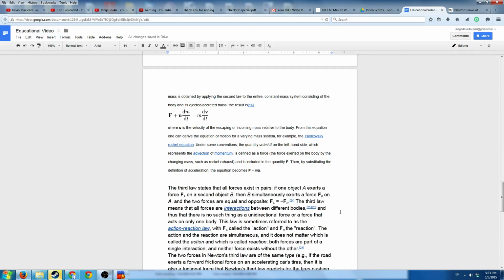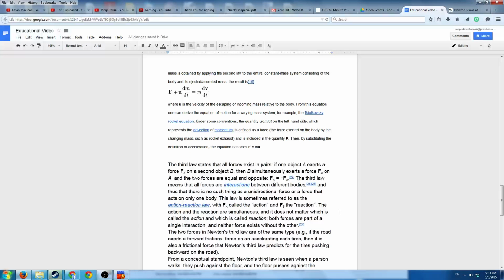Both forces are part of a single interaction, and neither force exists without the other. The two forces in Newton's third law of motion are of the same type. For example, if the road exerts a forward frictional force on the accelerating car's tires, then it is also a frictional force that Newton's third law predicts for the tires pushing backward on the road.